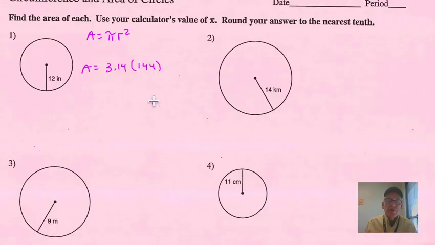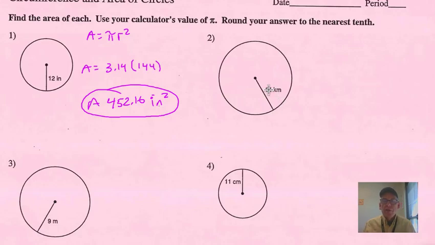And we're going to have inches squared for our units. So 3.14 times 144 comes out to be 452.16. So 452.16 square inches is our answer for number 1.